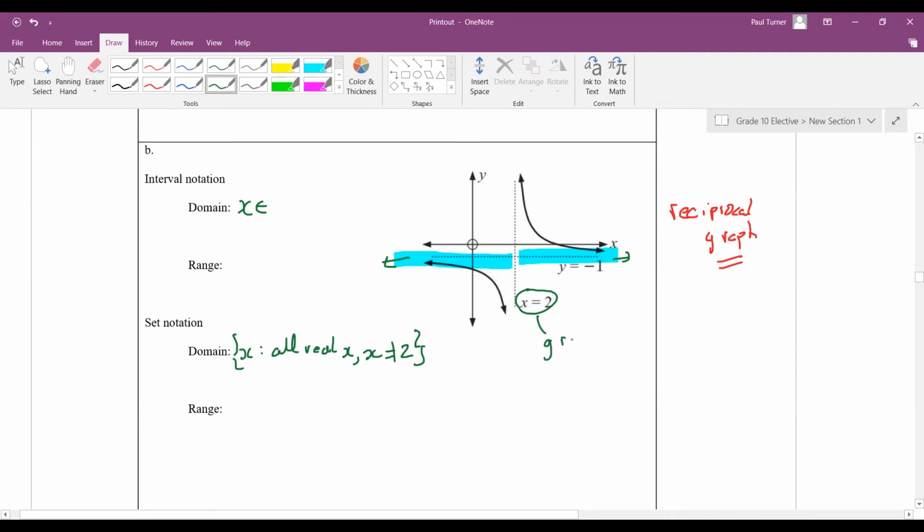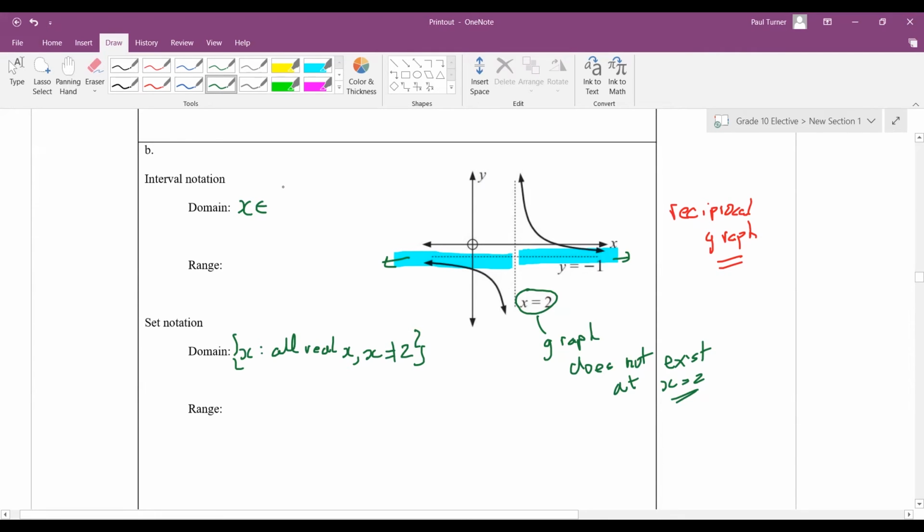So the graph does not exist. It's not there at X equals 2. So that's your vertical asymptote.